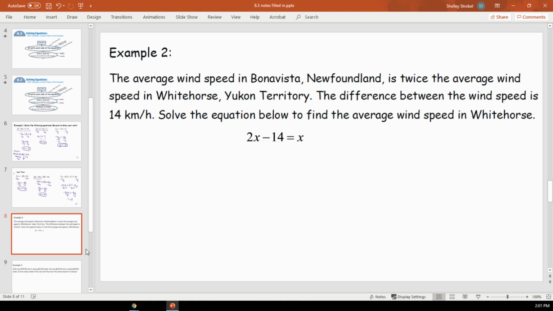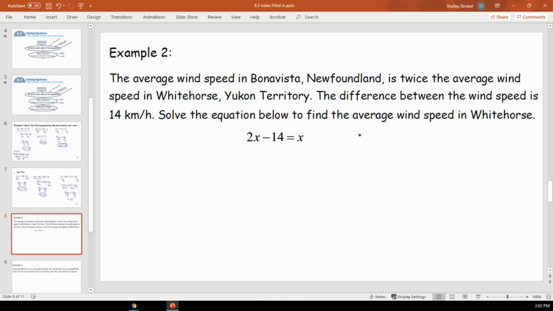But for the assignments that you're given now, they actually have a scenario around an equation, but they will give you the equation. So that's what we're going to do today. The average wind speed in Bonavista, Newfoundland, is twice the average wind speed in Whitehorse, Yukon Territory. The difference between the wind speeds is 14 kilometers per hour. Solve the equation below to find the average wind speed in Whitehorse.